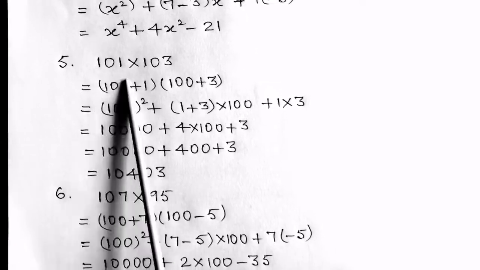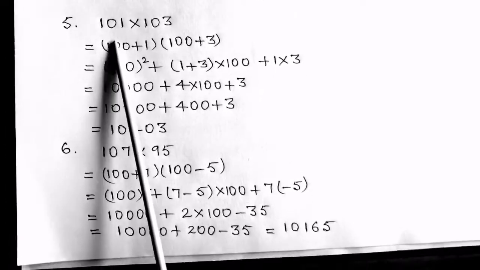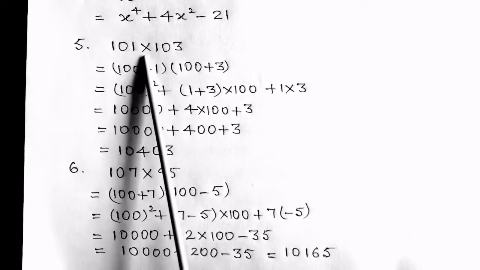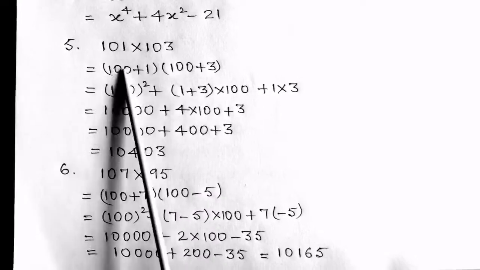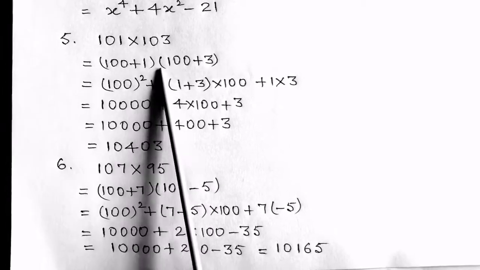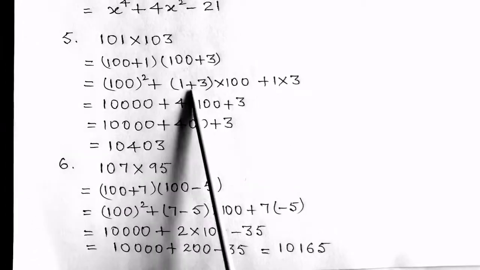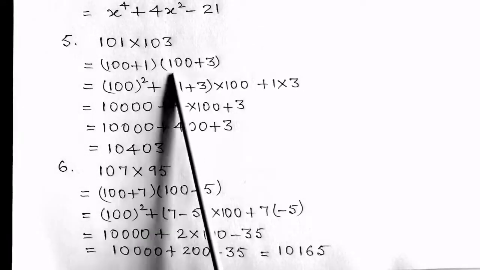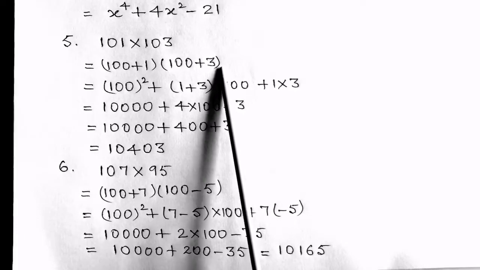Right, next we have to evaluate 101 into 103. If we want to make it in the form of the identity, I can write 101 as 100 plus 1 and 103 as 100 plus 3. So it is of the form (x + a)(x + b). So use the formula.